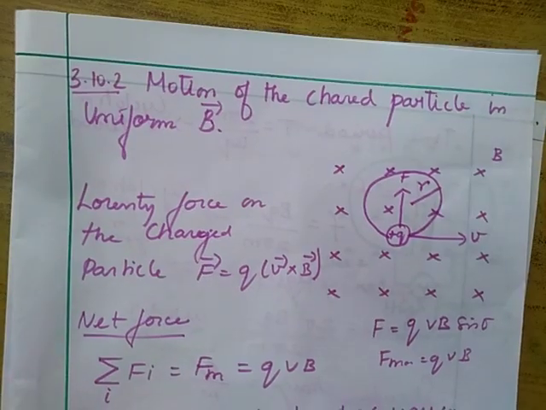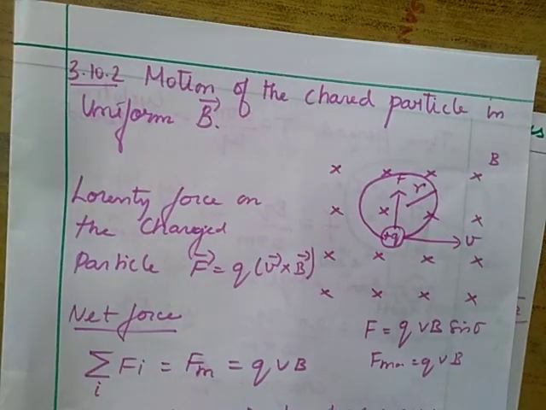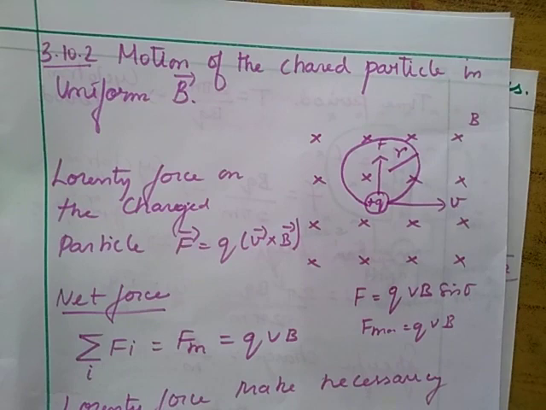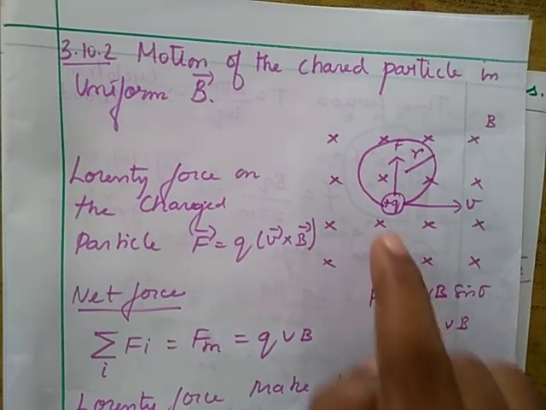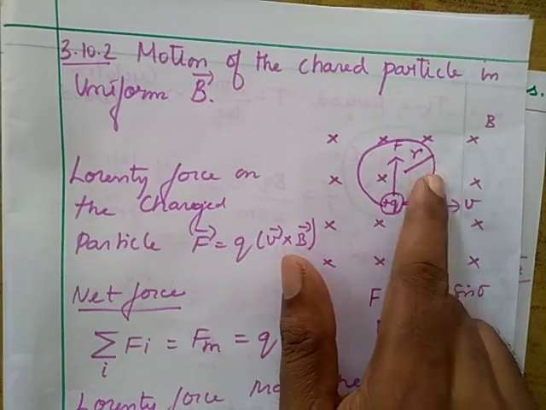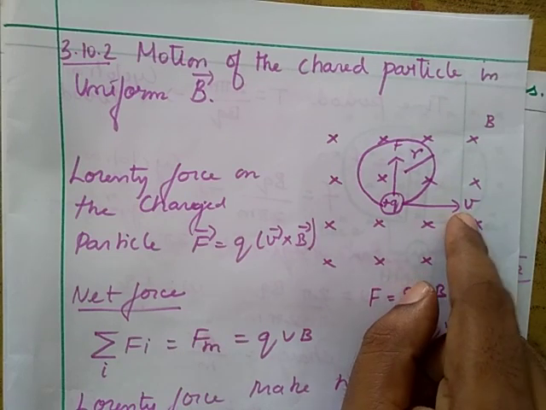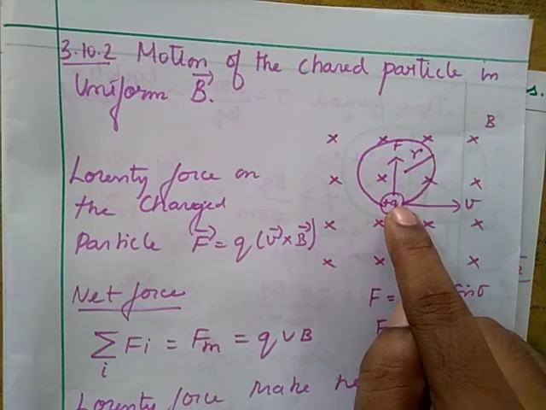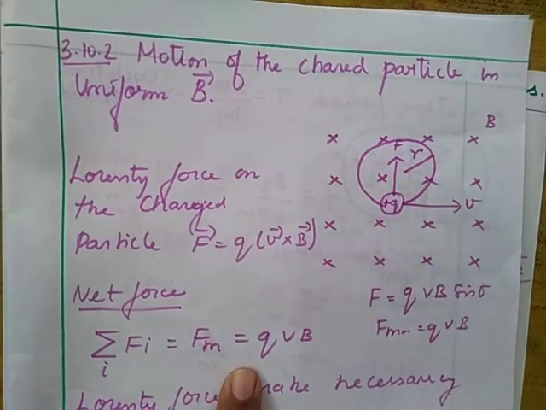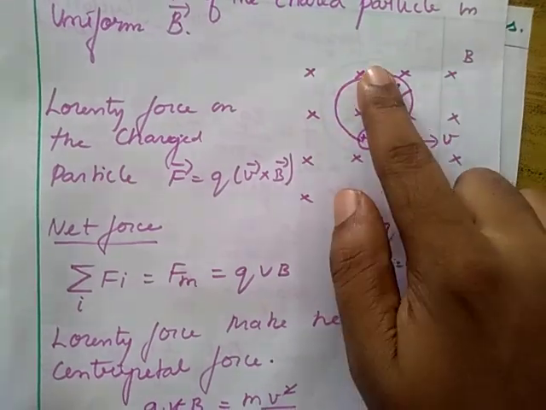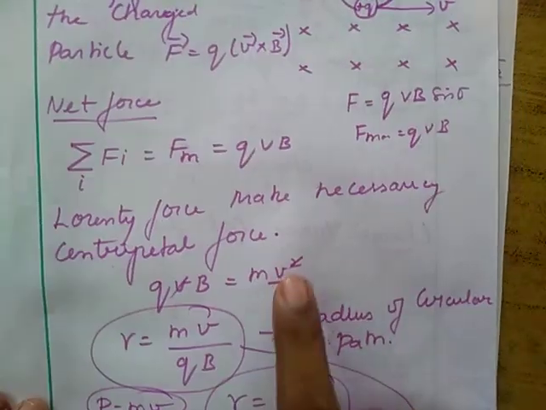Then the motion of a charged particle in a uniform magnetic field. Here it is the principle of the cyclotron. We move the charged particle with a velocity v perpendicular to the magnetic field. Then the charged particle experiences a force known as the Lorentz force. Due to the Lorentz force it attains a circular path, and that provides the centripetal force.